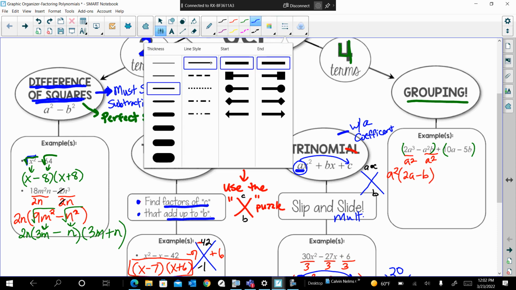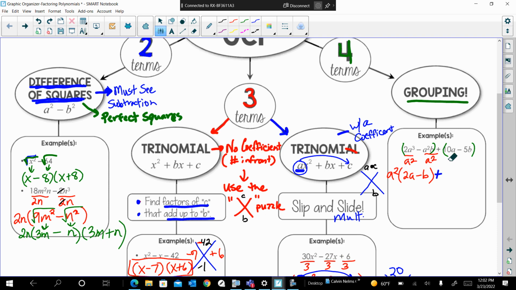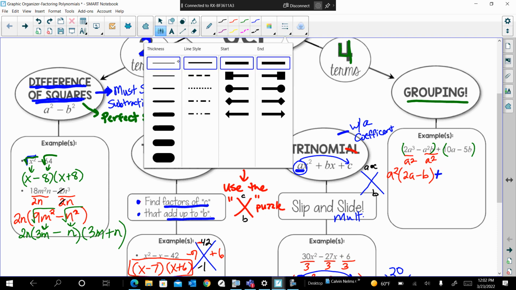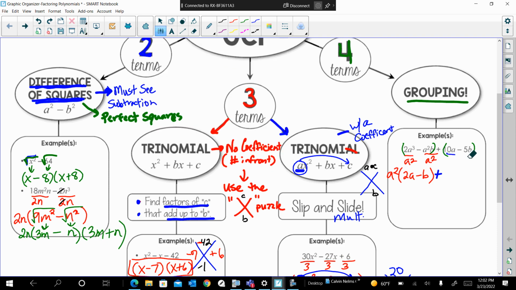We're going to keep the operation to get to the second binomial, because that'll help me set up my second factor. If I have a 10a and a 5b, what would be the GCF between them? 5. Yep, so we're going to divide both terms by 5. So 5 parentheses 2a minus b.